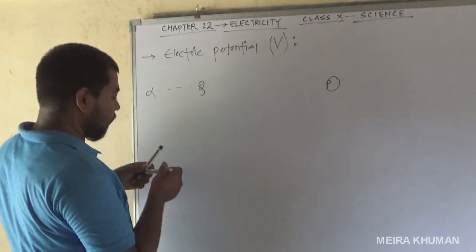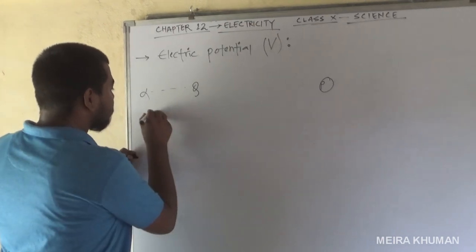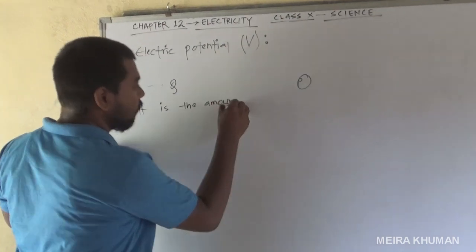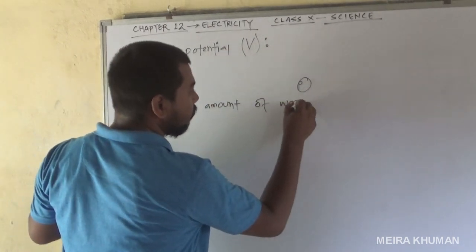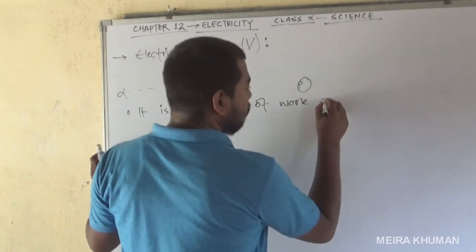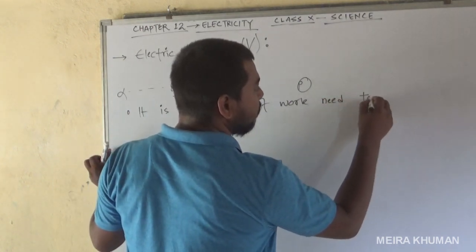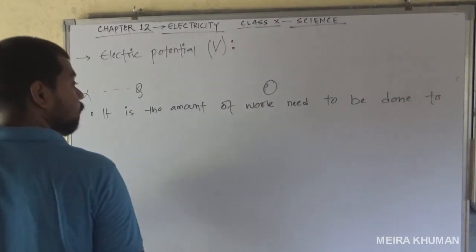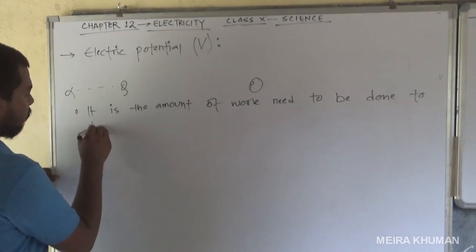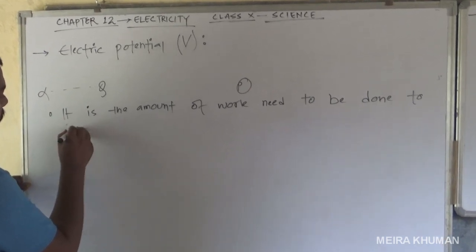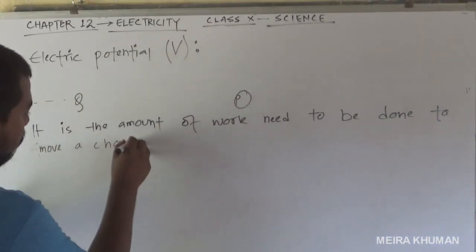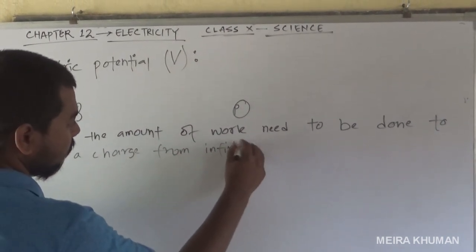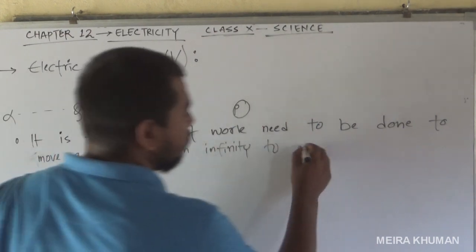So the definition of electric potential says what? It is the amount of work need to be done to move a charge from infinity to that point.